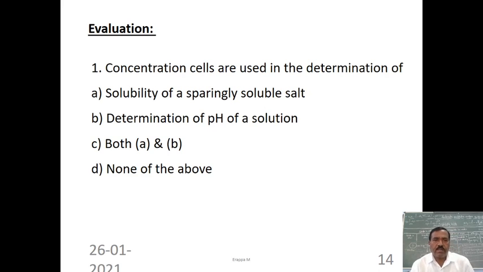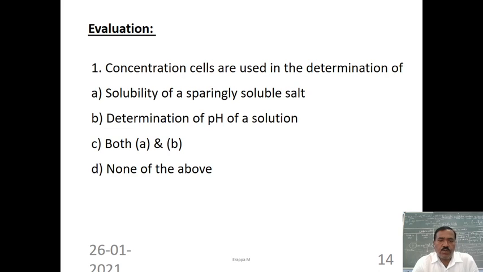From this session I will ask some questions. Question number 1: the concentration cells are used in the determination of. There are 4 answers as given. One is solubility of a sparingly soluble salt. Number 2 is determination of pH of a solution.